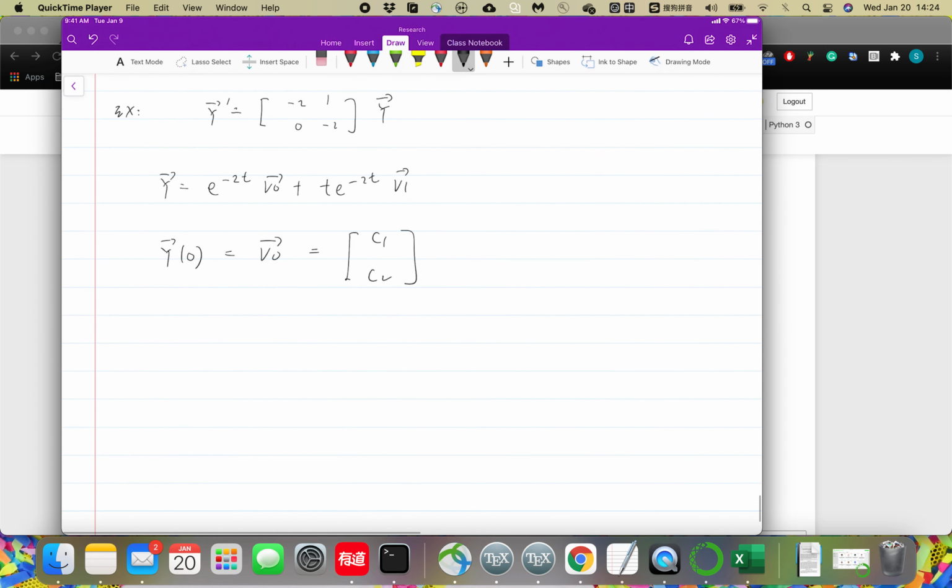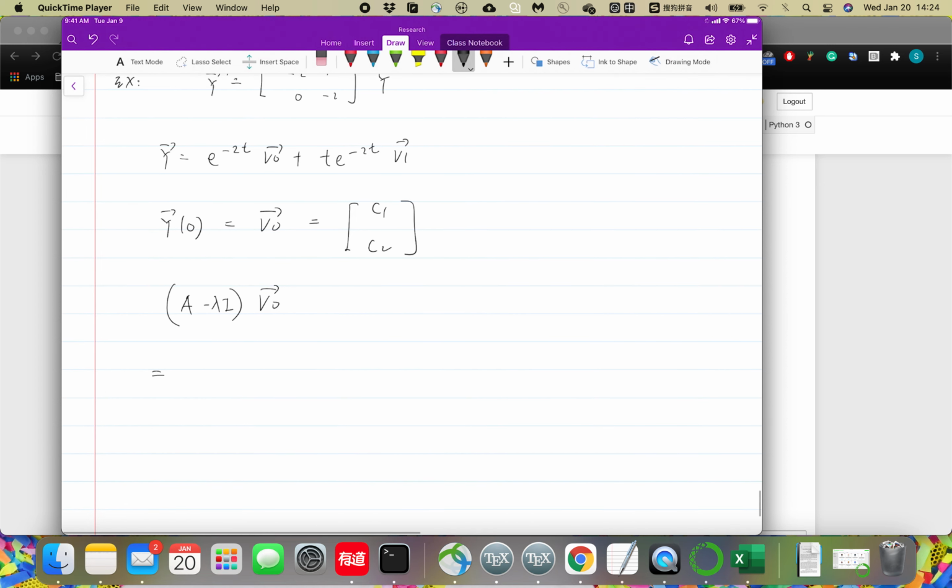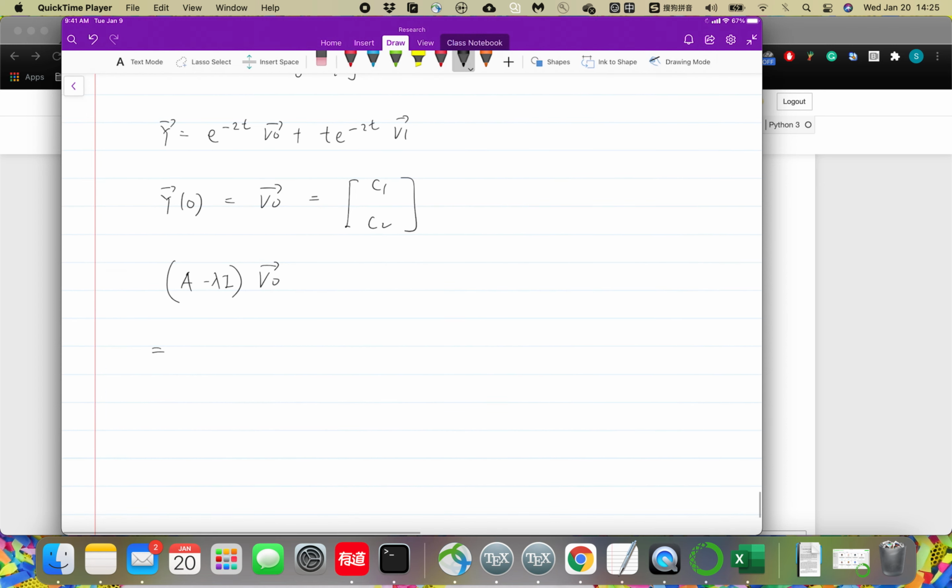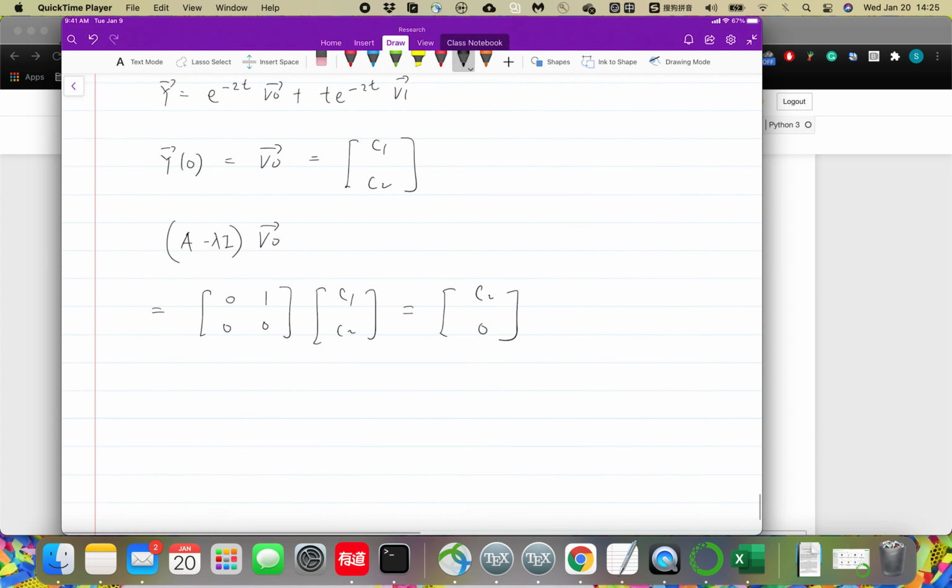Okay. Then what you can do is you can do A minus lambda I times v0 to get your v1. But it's not solving a linear system. This is just a matrix multiplied with some vector you already know, which is going to be c2, 0. In this way, automatically you can write down your solution.